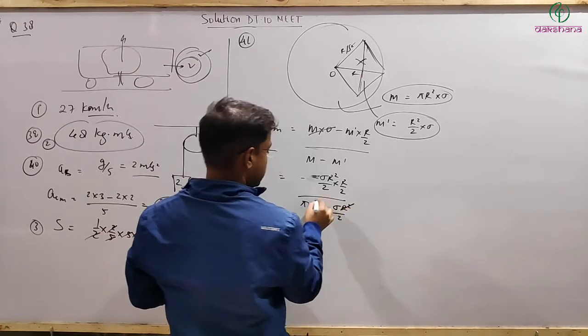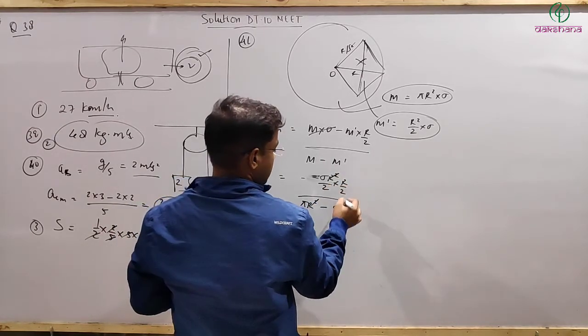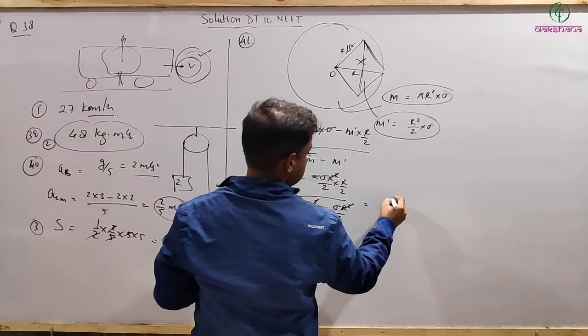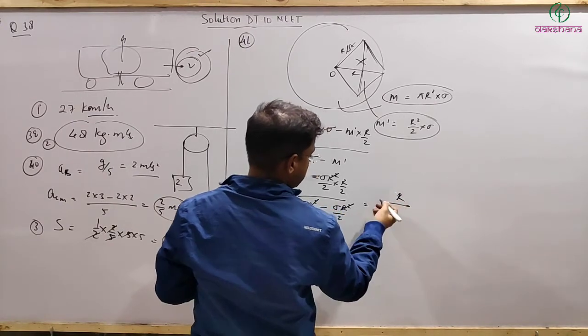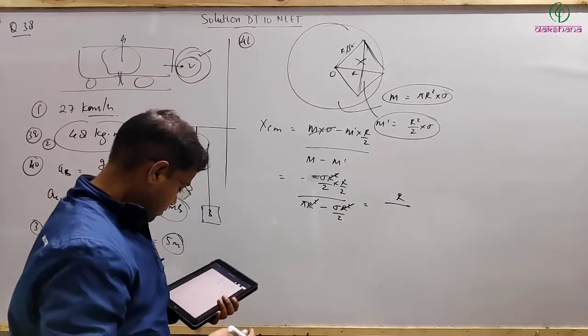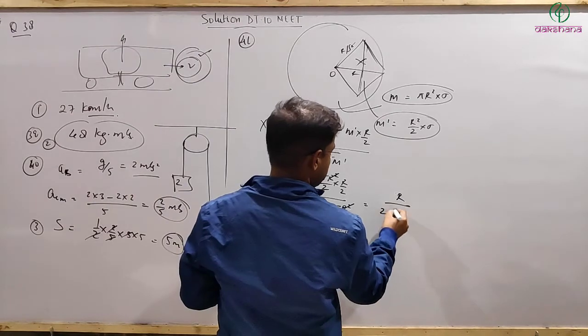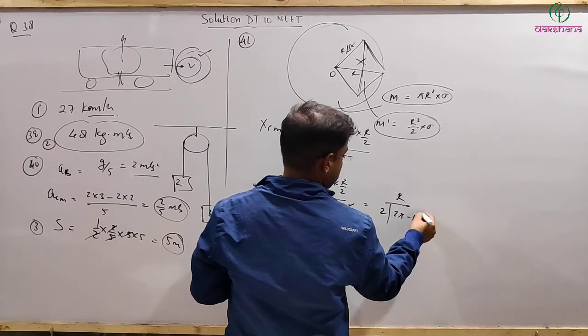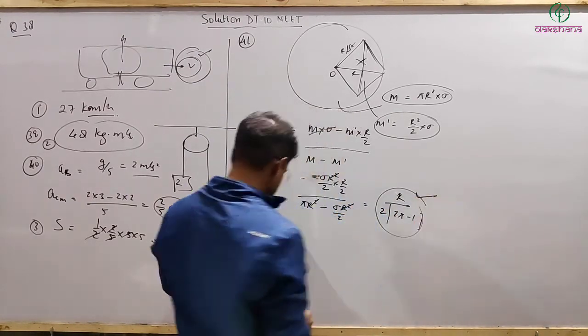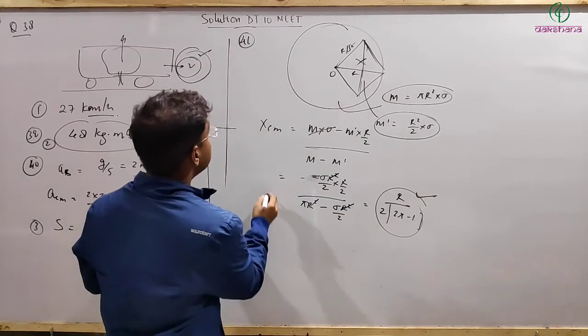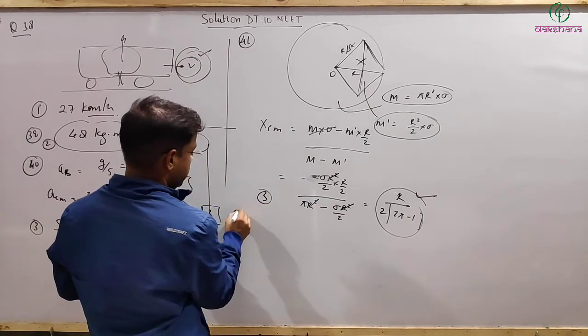Simplifying it, r square gets cancelled, 1 2 2 will get cancelled. This is basically r by, माइनस का मतलब जस्ट इधर की तरफ होगा, otherwise here it's talking about magnitude. So r by 2 into 2 pi minus 1 will be the answer, that is matching with option number 3. Question number 42.